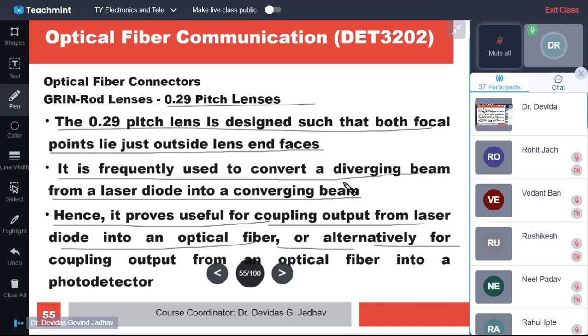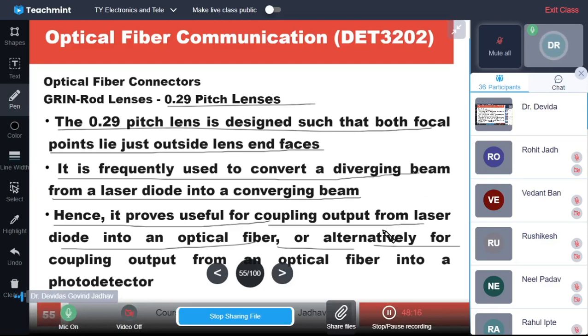In 0.23, one drawback is removed, that is, the focal point on the surface is not required, it is outside the lens, but again two lenses are required. In 0.29 both are removed, the focal points are outside the surface, outside the lens, and a single lens is required for the focus. So in this way there is development of the lenses.